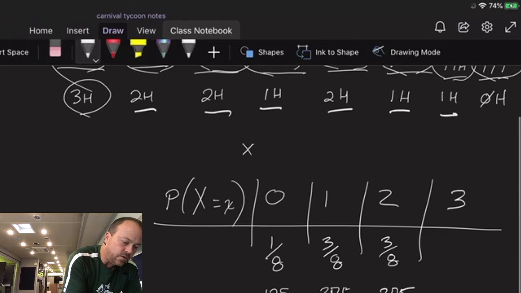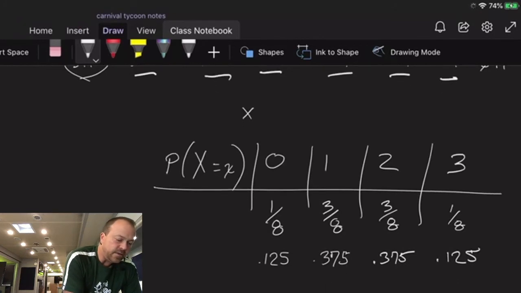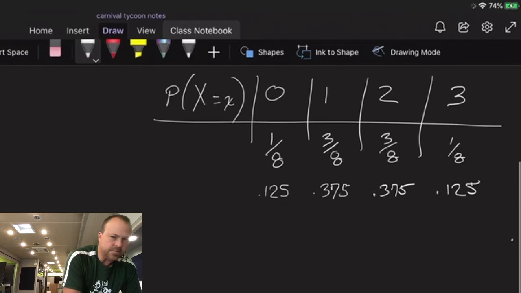So 1 out of 8, or 0.125. Let's make sure that we've counted everything up. There were 8 possible outcomes, and 1, 4, 7, 8. 8 results. Let's see what that would look like in a simple graph.